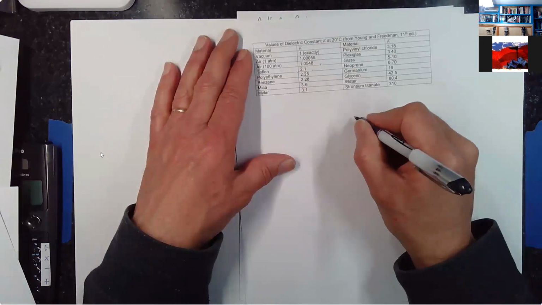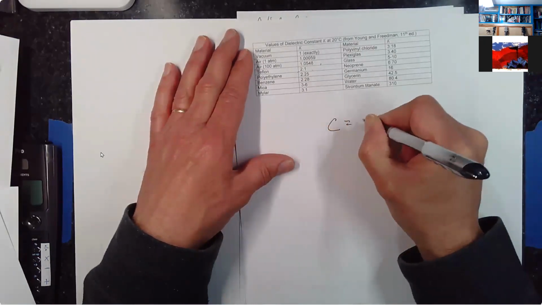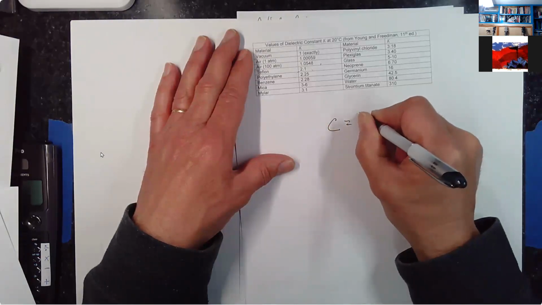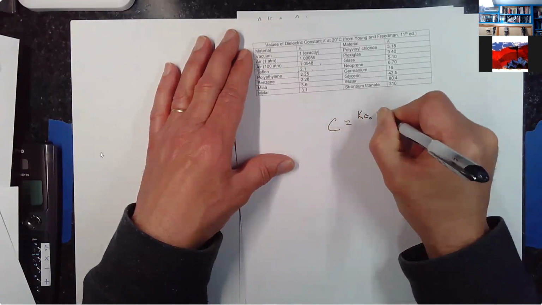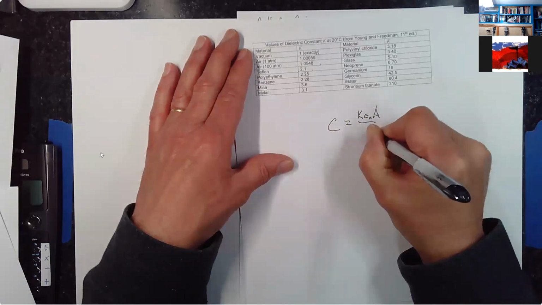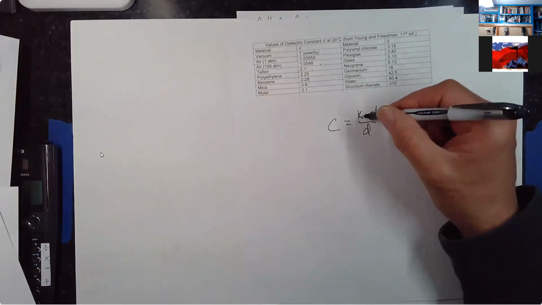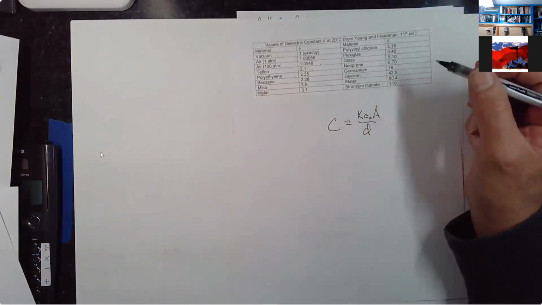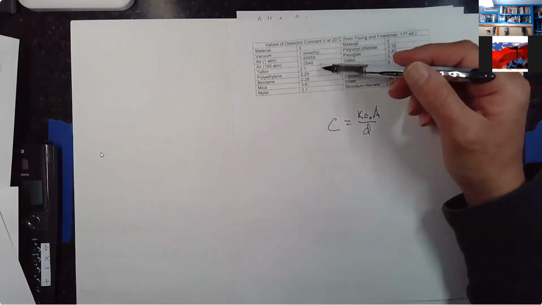Oh, by the way, the new formula for the capacitance is going to end up being kappa epsilon naught A divided by D. So you just multiply the regular capacitance by kappa, and you can get an increase in that. And it has a bunch of different ones here.